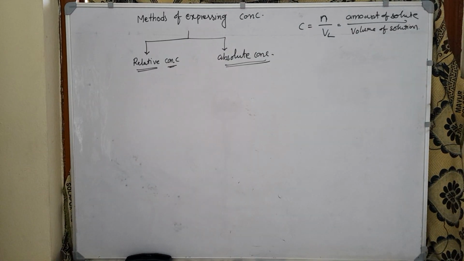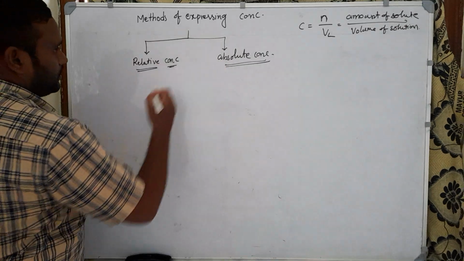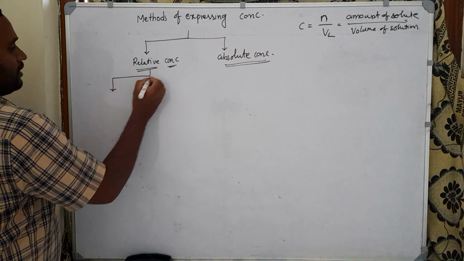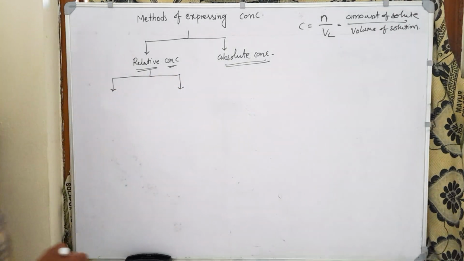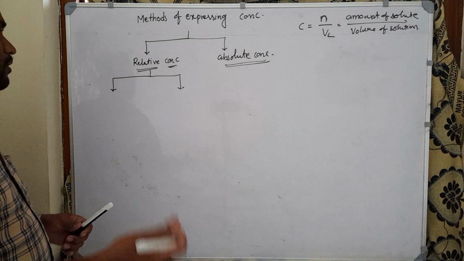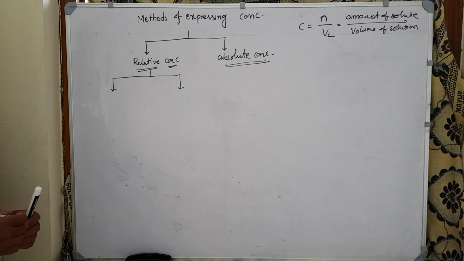There are two methods to express the concentration: relative concentration and absolute concentration. In relative concentration we are not telling the exact amount of solute present in a solution, but we are telling whether it is present in more quantity or less quantity.